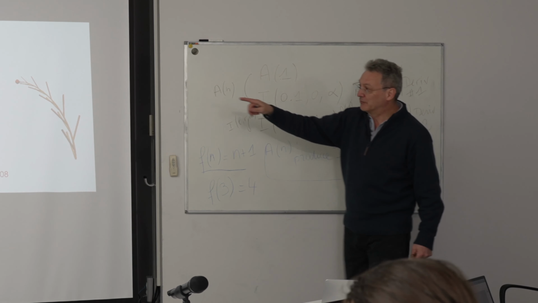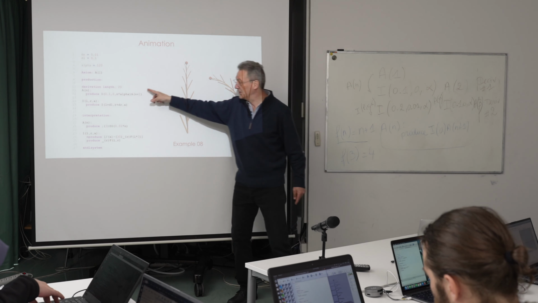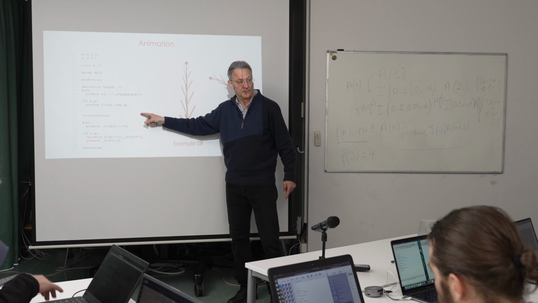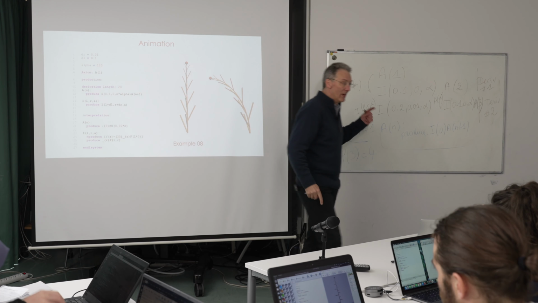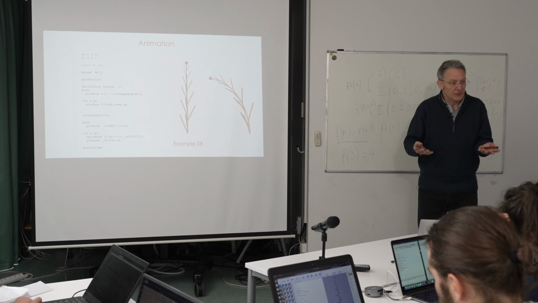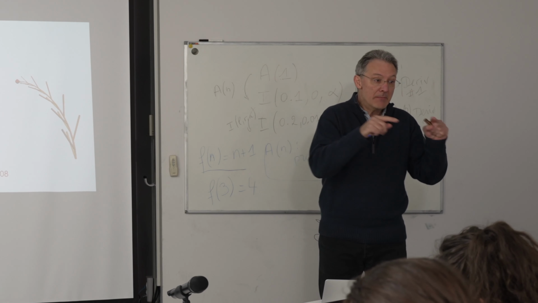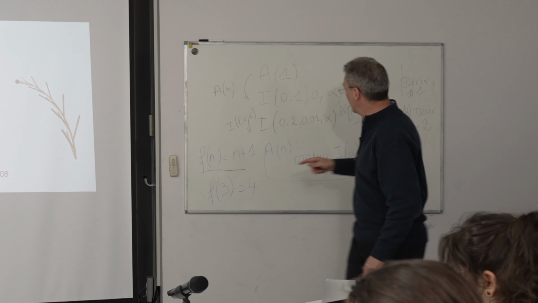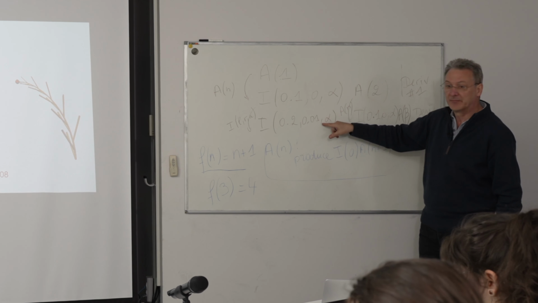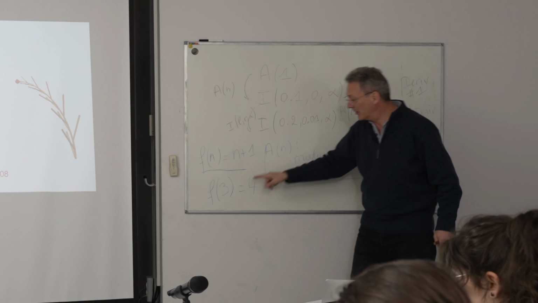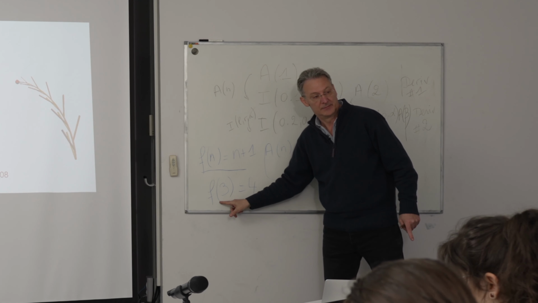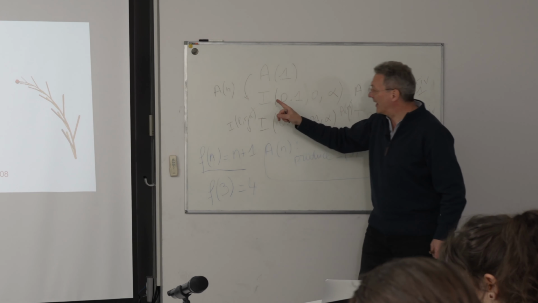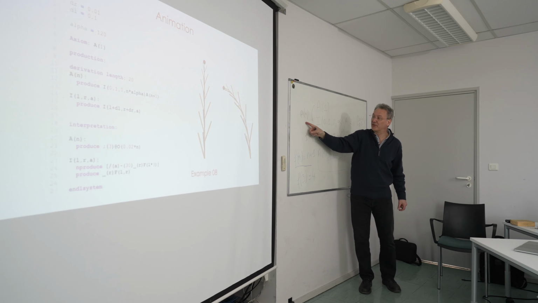You define the function here in the production rules, okay? But you apply it when the function will be applied, actually the L-Py will apply it for you on the L string. So when I'm doing this, I am computing this. I apply, you see here this is the function.